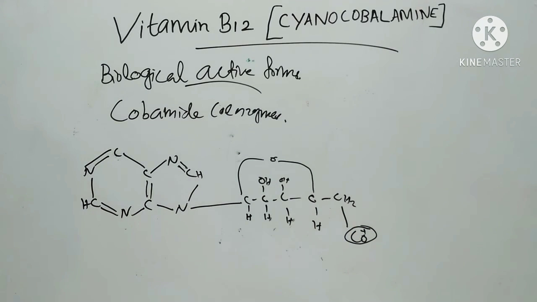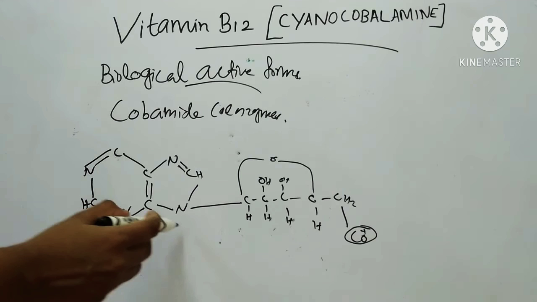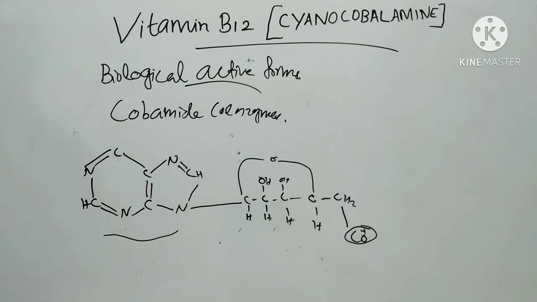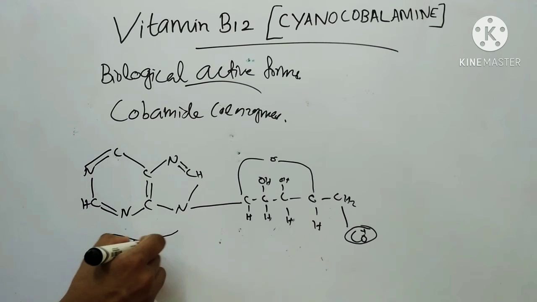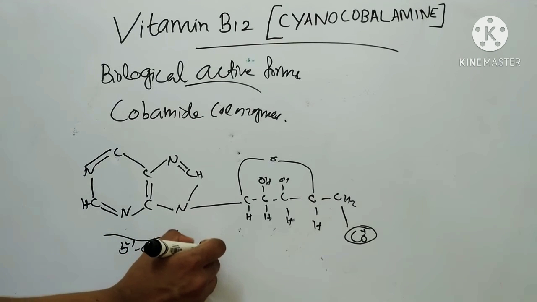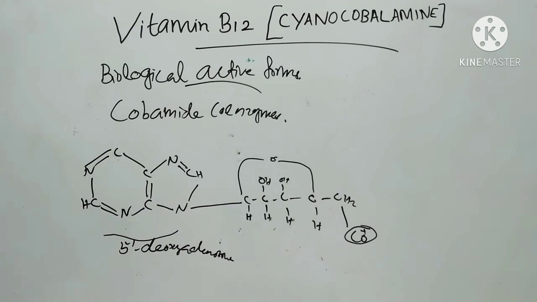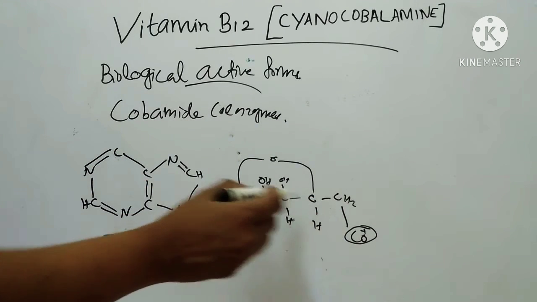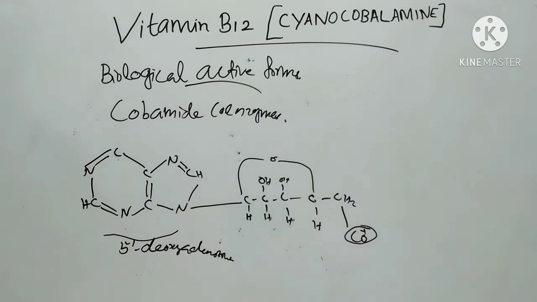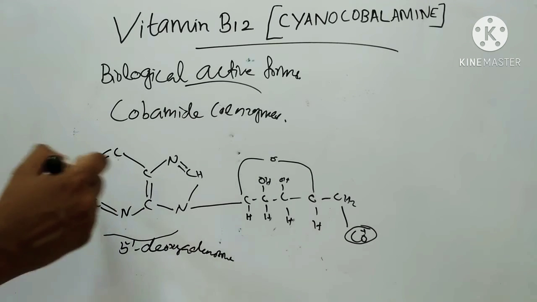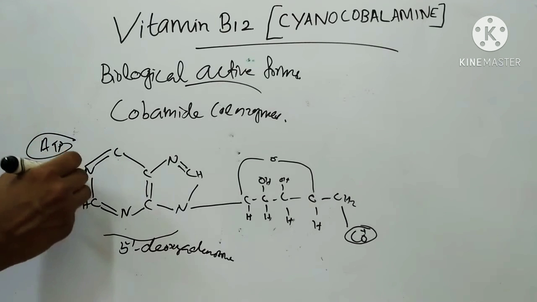This cobamide coenzyme does not contain the cyano group attached to cobalt, but instead there is an adenosine nucleoside, 5' deoxyadenosine. This is linked to cobalt by a C-Co bond. That is the cobamide coenzyme. This 5' adenosyl moiety is derived from ATP.